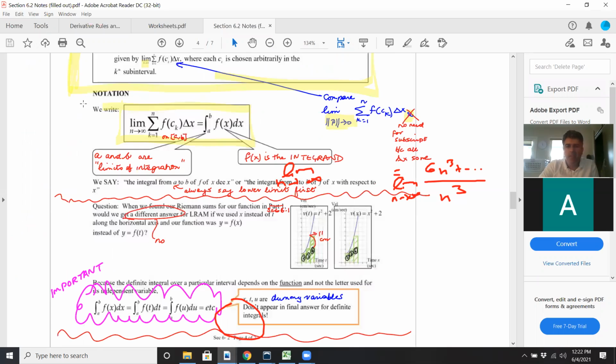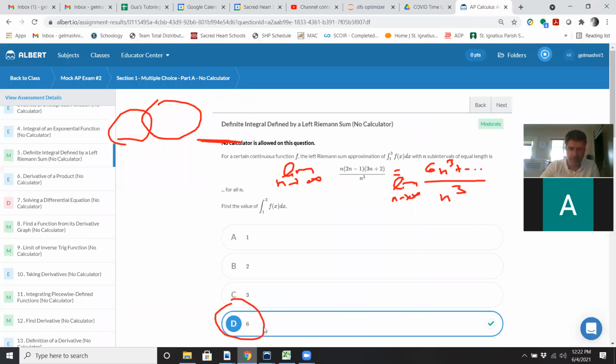So the Riemann sum is going to be some expression in terms of n, how many subintervals you have, and you're taking the limit as n approaches infinity. That's going to be the value of the integral. So that's really assessing that question. And then you guys should know how to find the limit as n approaches infinity for a rational function. We did do that in the first semester. So it's kind of combining all those different topics.